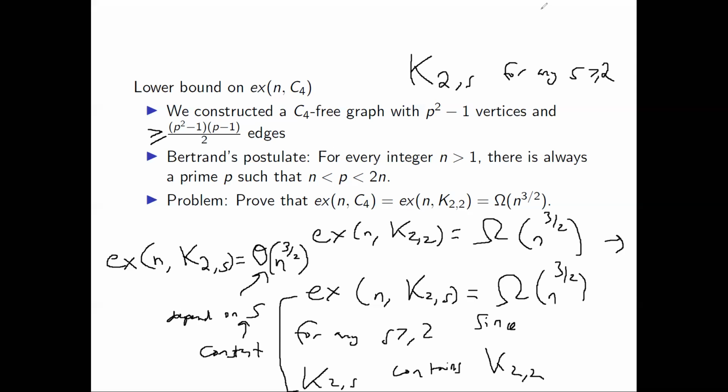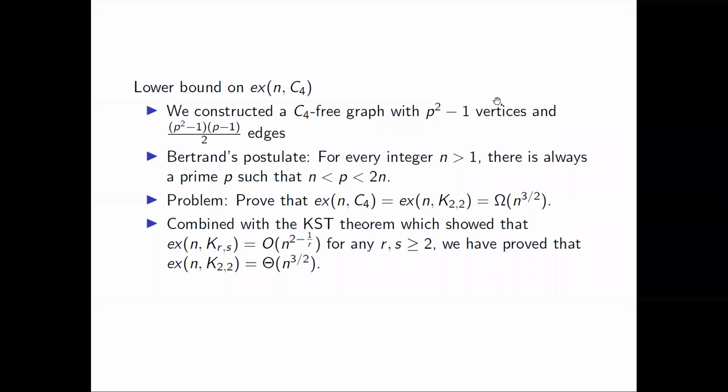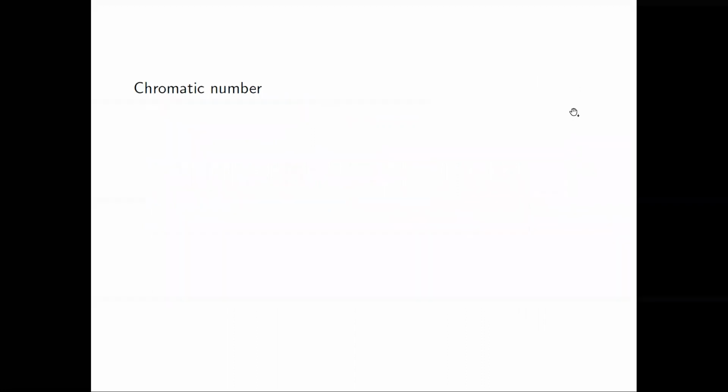So now that we have seen C4 and some more complete bipartite graphs, let's move on to some odd cycles. And there is another bullet on the slide, but it's pretty much what I just said. So nothing more to say really. So in order to discuss the Turan numbers of odd cycles, let's review what is the chromatic number of a graph.